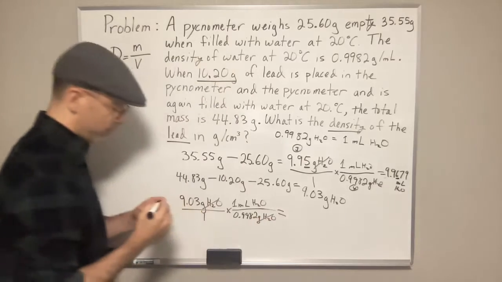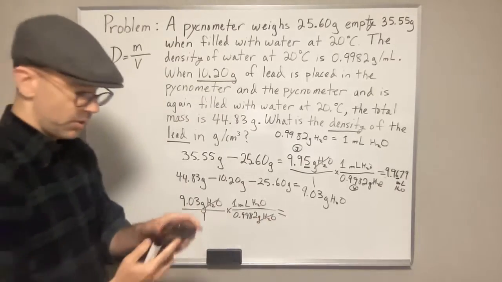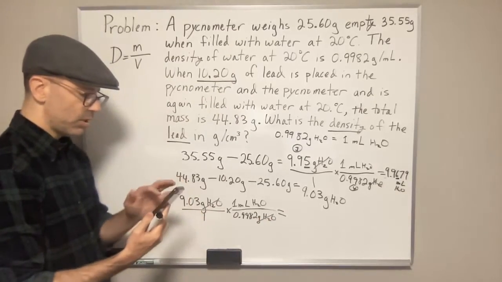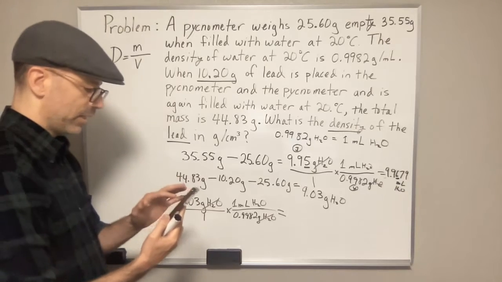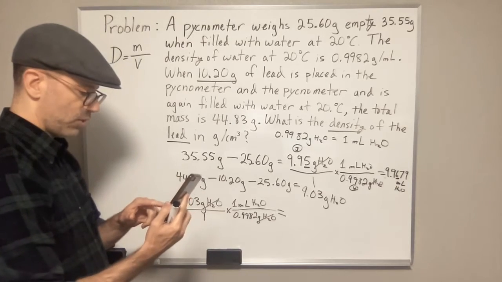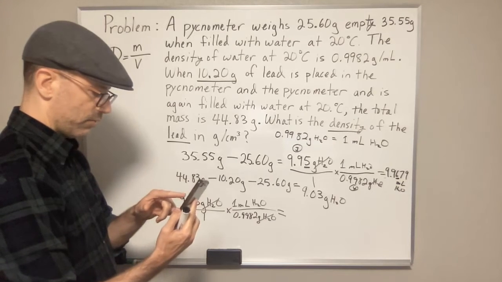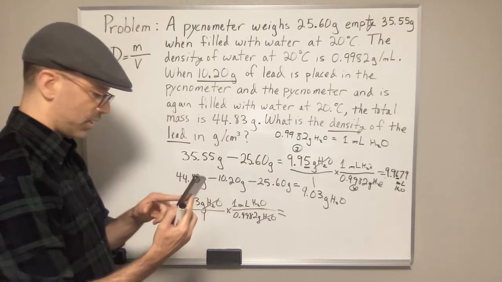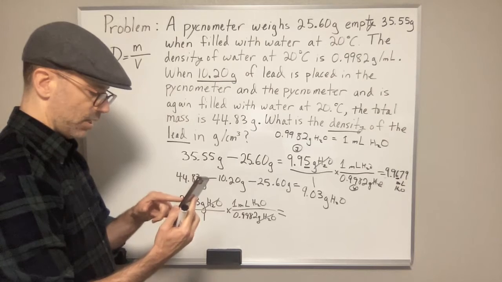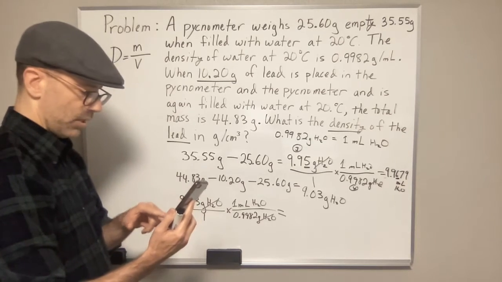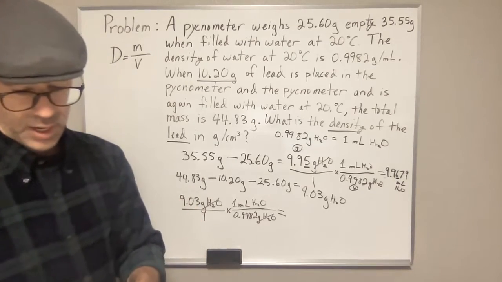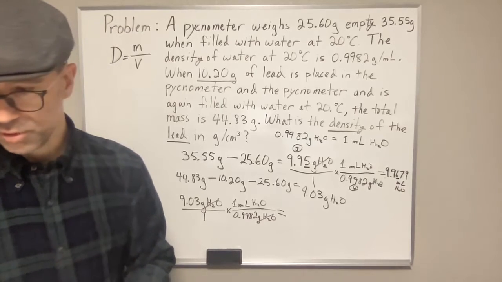So now I can calculate the volume of the water that is in the pycnometer. 9.03 divided by 0.9982 equals, and I get 9.04.